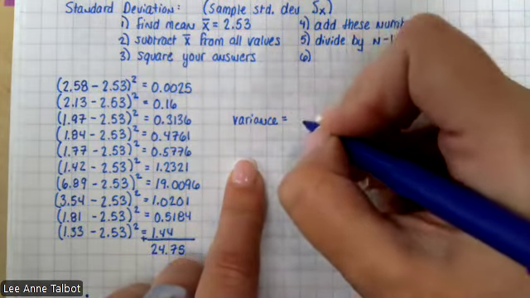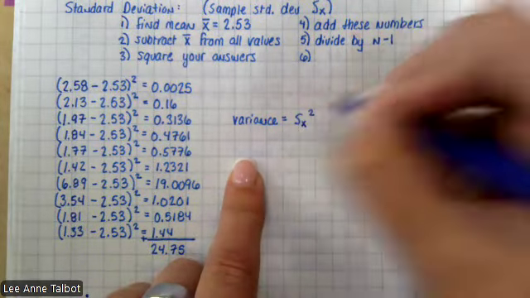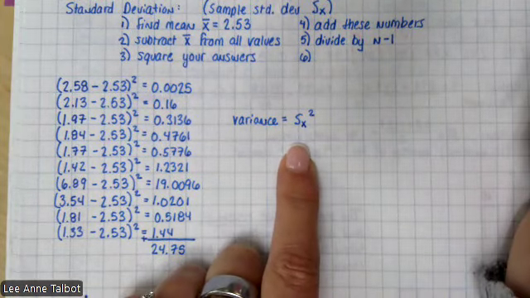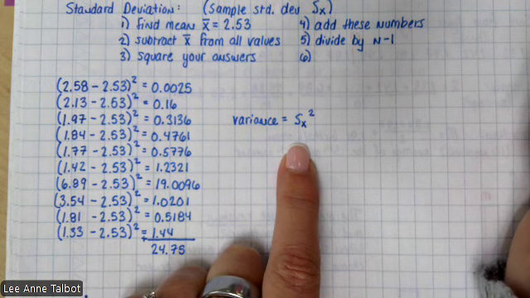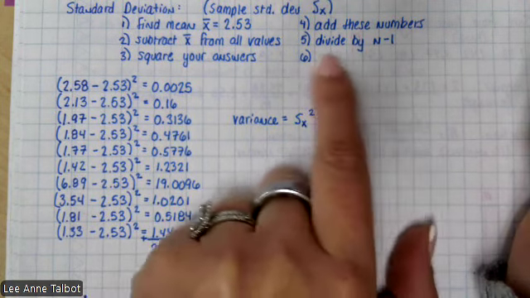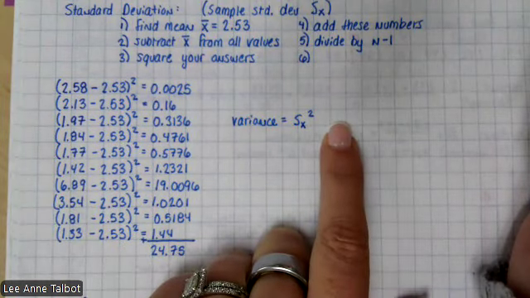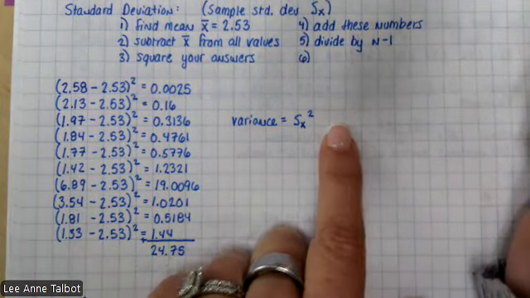Variance is the standard deviation squared. So you get the variance in the very last step before I'm actually going to square root to undo my squaring. You get the variance right before that very last step of square rooting.